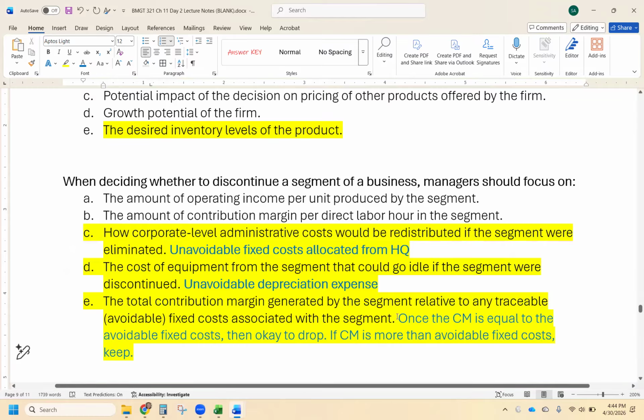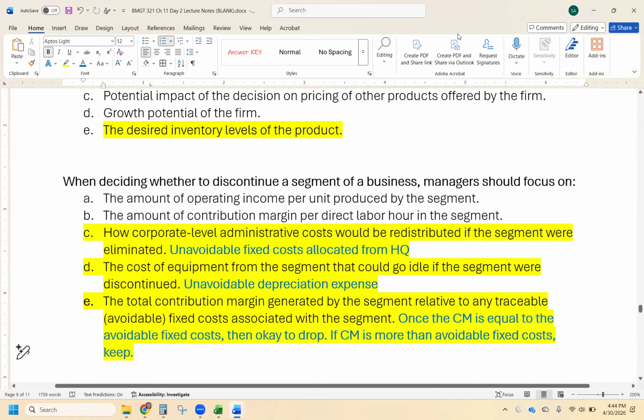Because once you've paid those avoidable fixed costs, you have contribution margin left over to pay the unavoidable fixed costs. So this relative dollar amount is important. Because if they're equal to each other, then you know we're getting to the point where we're not making enough money to even cover the avoidable fixed costs. Once that happens, okay, now we're done. Because the avoidable costs function like a variable cost in this situation, because they go away when the whole entire product line goes away.